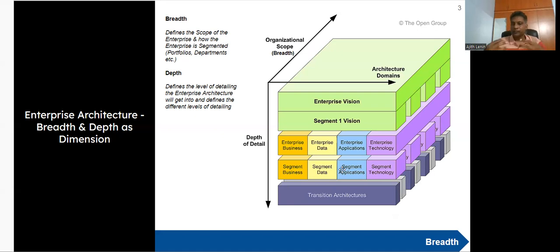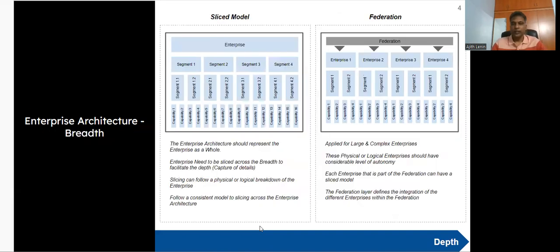This is just to depict the concepts. Depth can go to any level, and as we go into each level of depth, we can further break down across the scope of the enterprise. So let's go a little deeper into the breadth aspects.